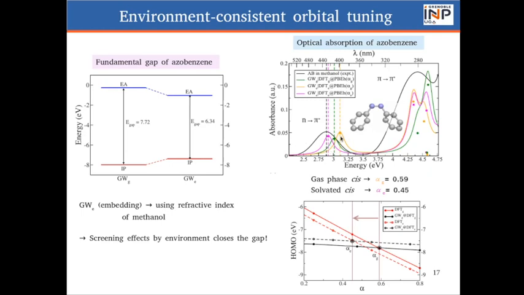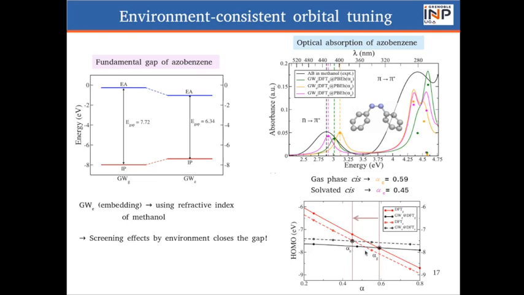So if the screening were just due to the GW, we would expect, of course, a decrease in the excitation energy, but we go the other way around, because we have screening both in the GW part and in the ground state. And then what we did is that we rescaled again our amount of exact exchange in presence of embedding.